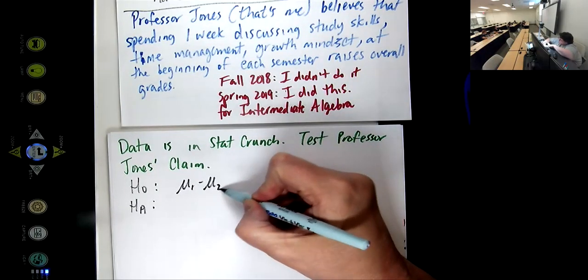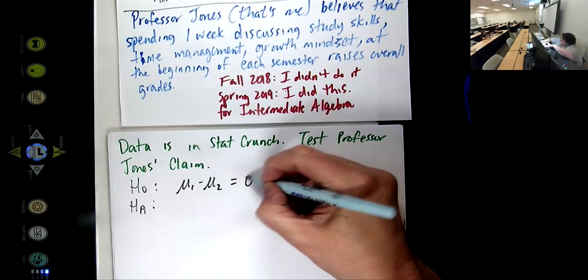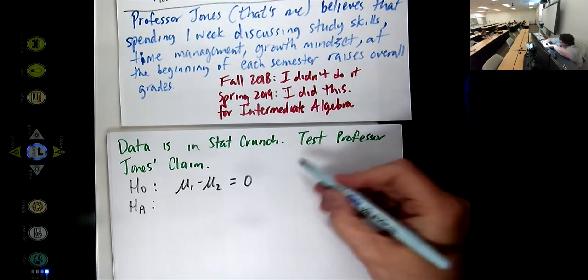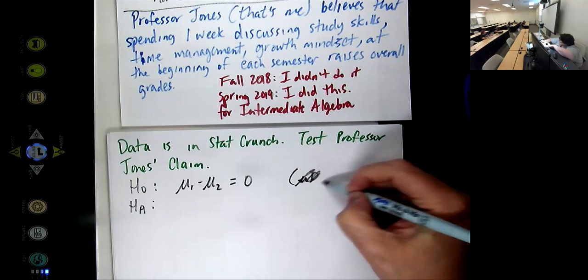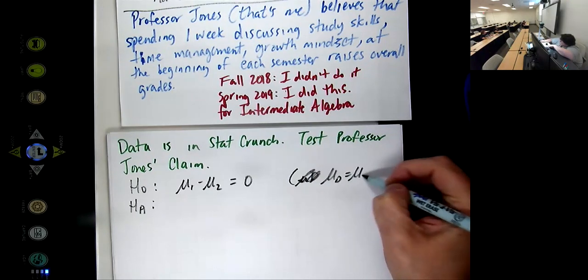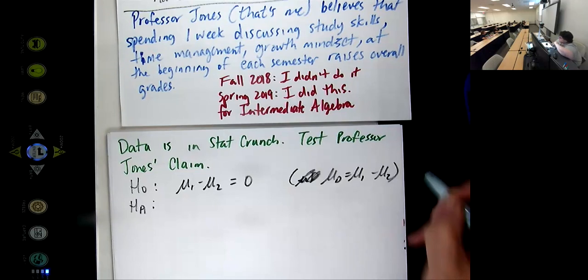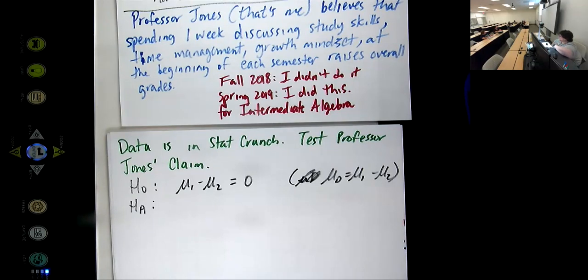It's always going to be mu1 minus mu2 equals 0. I don't remember if they use mu d or not here. They might. If they do, that's mu1 minus mu2. I think paired has it and this one doesn't. The question is, what am I going to say for HA?